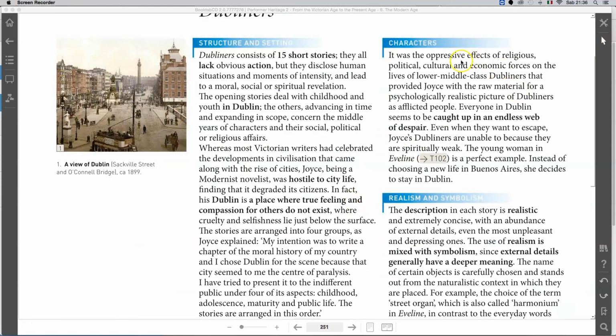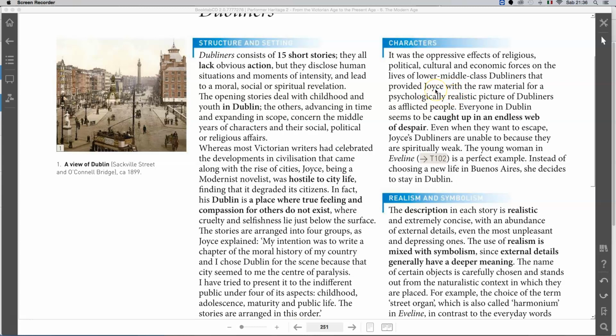The characters. All the characters are oppressed by religion, politics, culture, and by economic forces. And these characters all belong to the lower middle class.